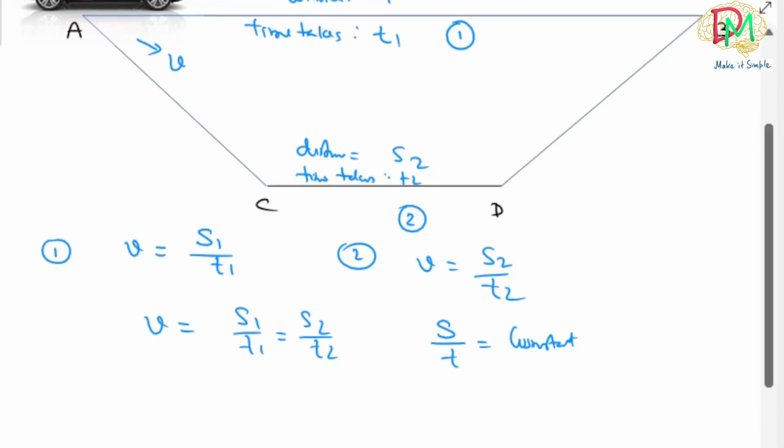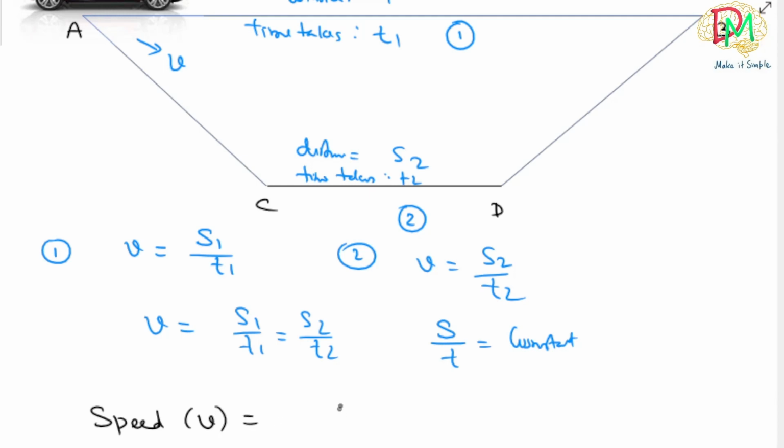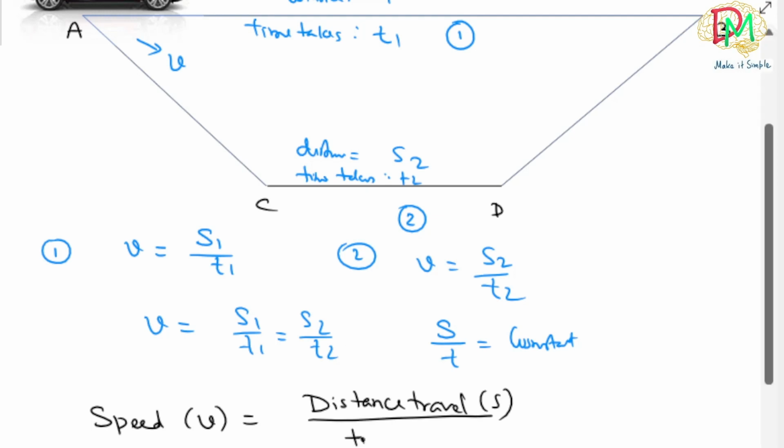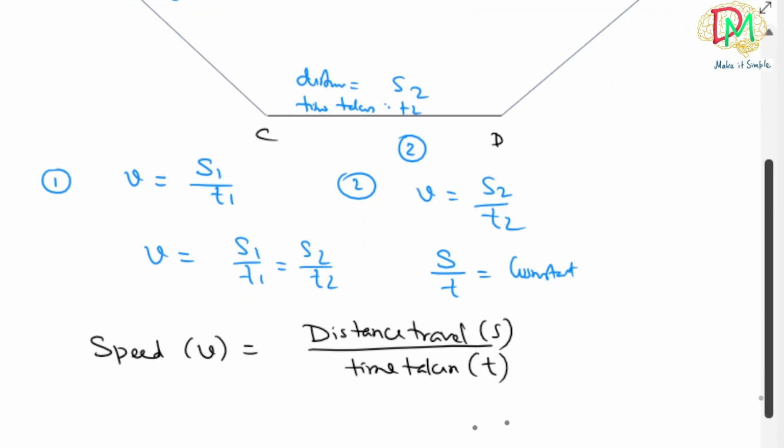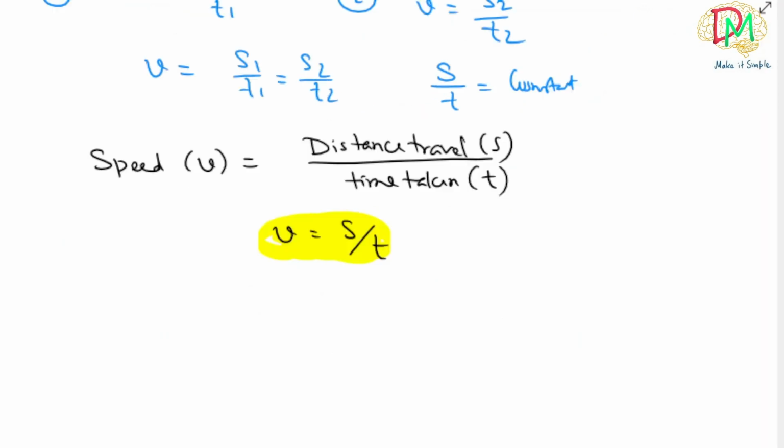So what we learn here: speed V is equal to distance traveled by time taken, V is equal to S by T. This is one formula.